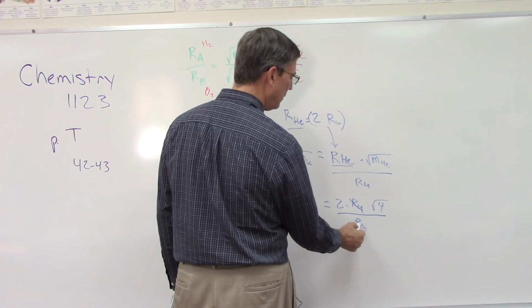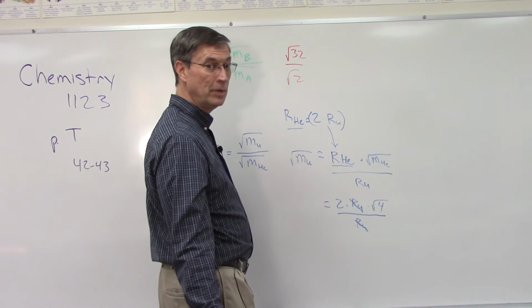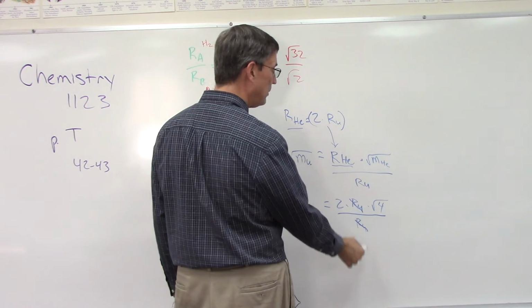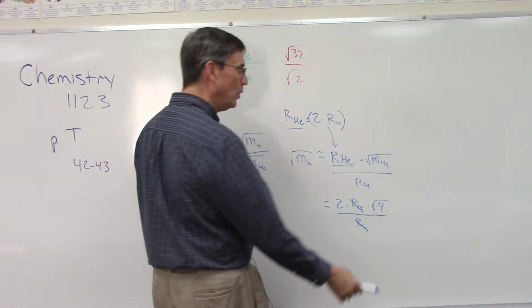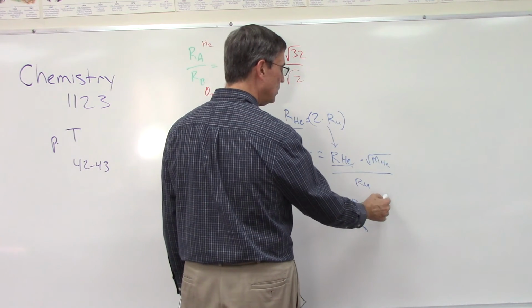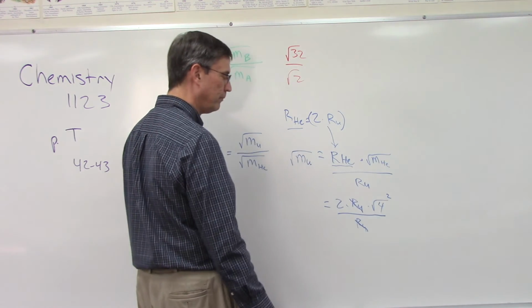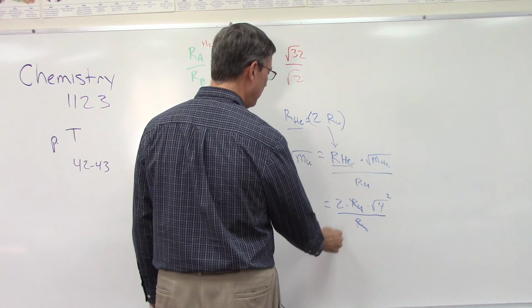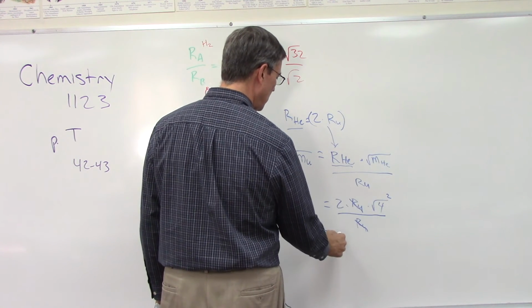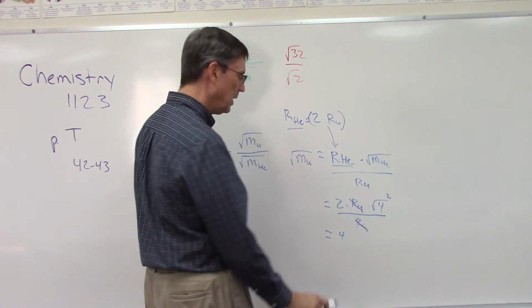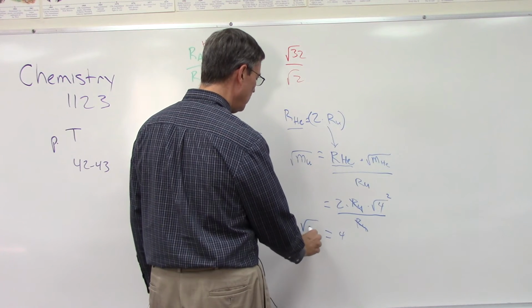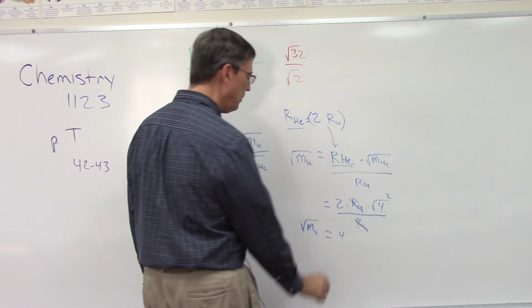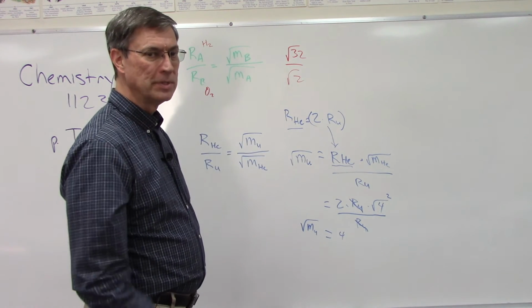Look at that. We don't know that rate, and we don't need to, because it just cancels out of the equation. Isn't that cool? And you know what the square root of 4 is. It's 2. Yay! So now I have 2 times 2 is 4, and that is the square root of the unknown mass. We're almost done.